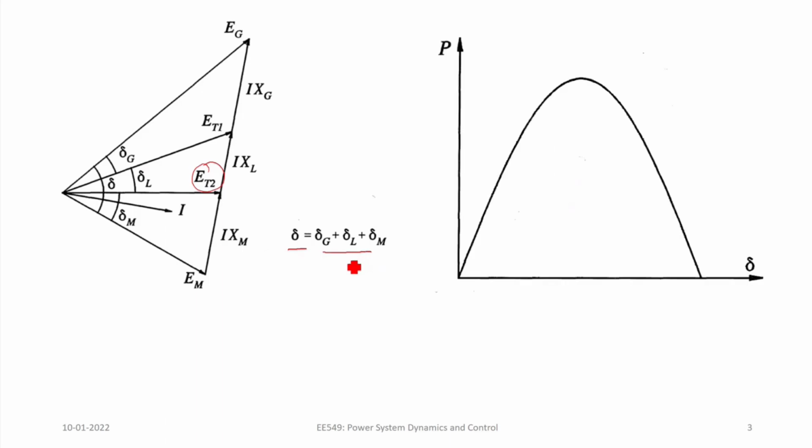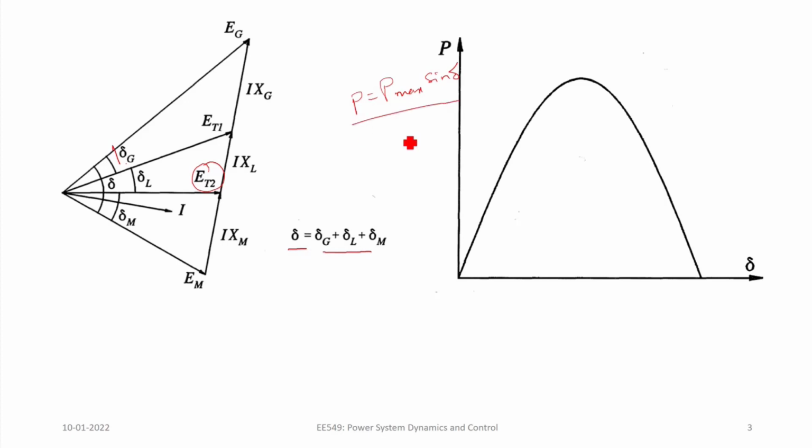So now if we plot the power versus delta characteristic, it will look like this because it has a sinusoidal feature. We will see the derivation of the power later, but we know that power is P max sine delta, right?